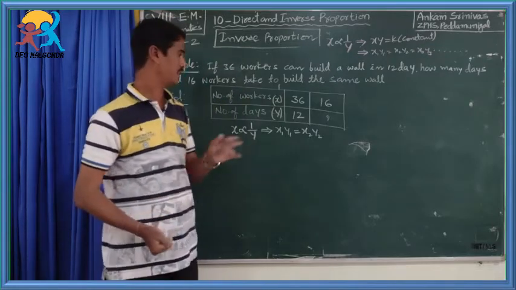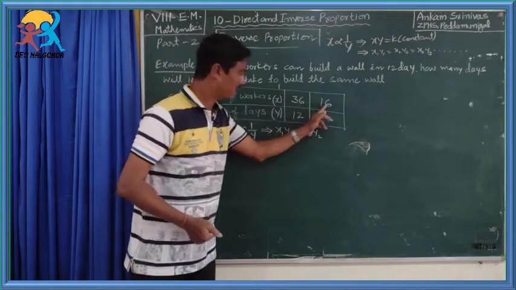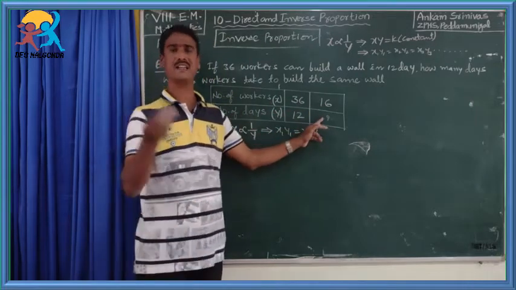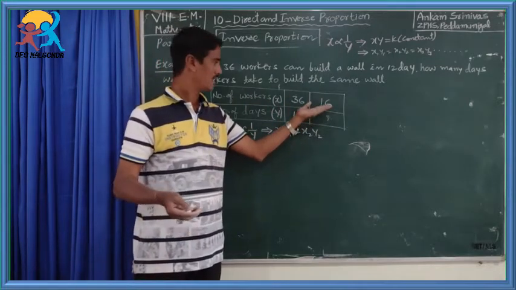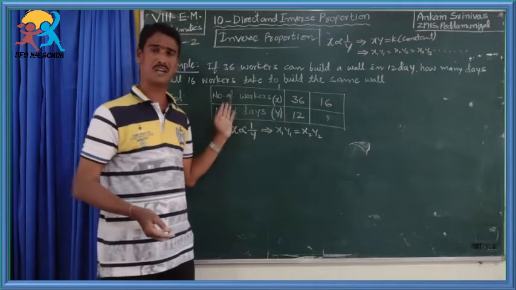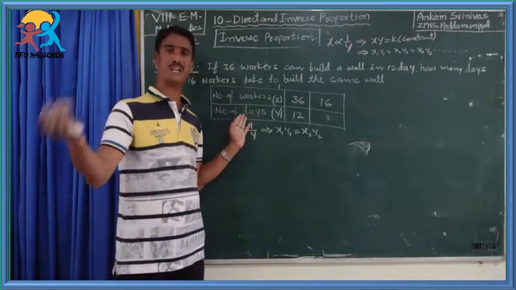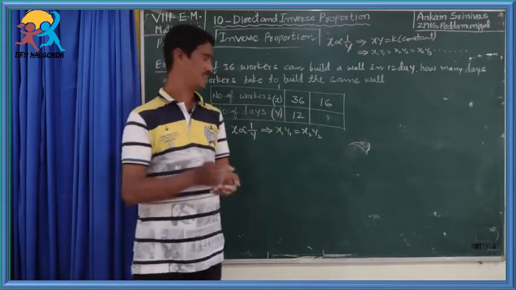Yes or no, children? If the number of workers is decreased, then what about the number of days? It will be increased, because if the number of workers is less, then to complete the same work it will take more time, that means more days. So these two are inversely proportional.